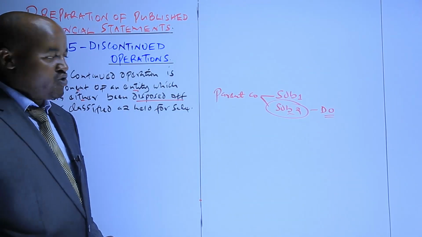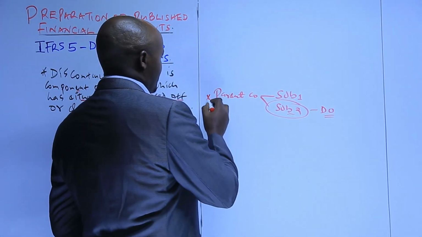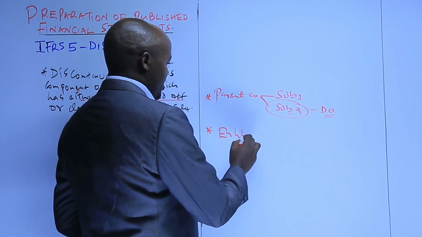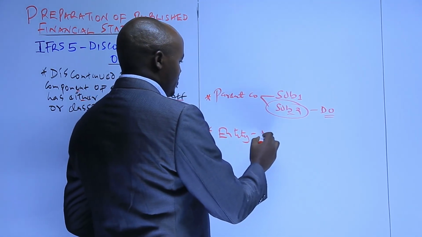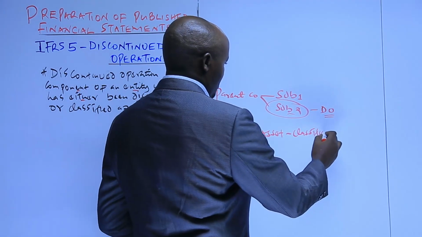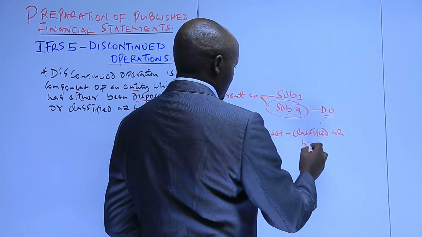Alternatively, if an entity owns a number of assets, and one asset has been classified as held for sale.